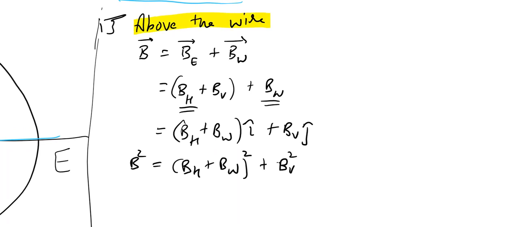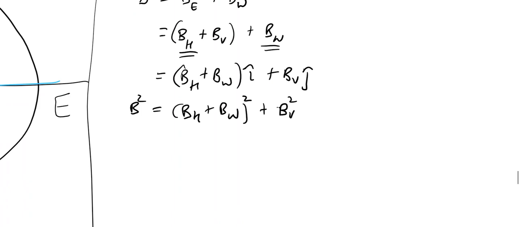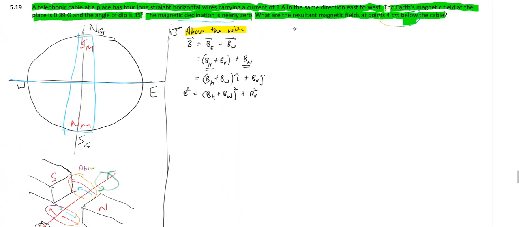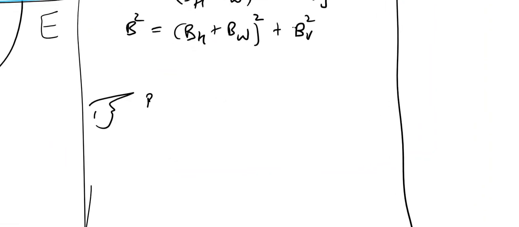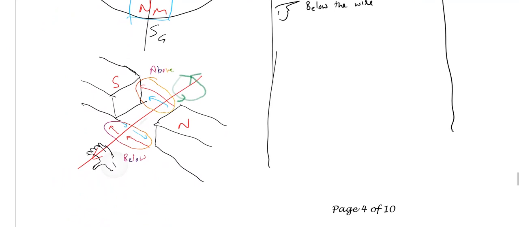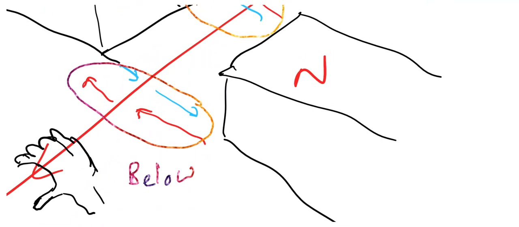What if you are talking about some point below the wire? When you are below the wire, look at the figure. Below the wire, the field of wire and the external field, that is Earth's field, both are opposite.